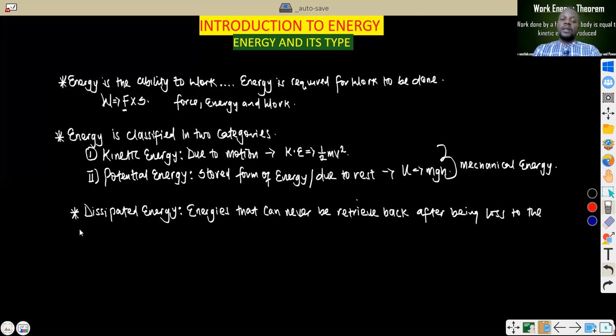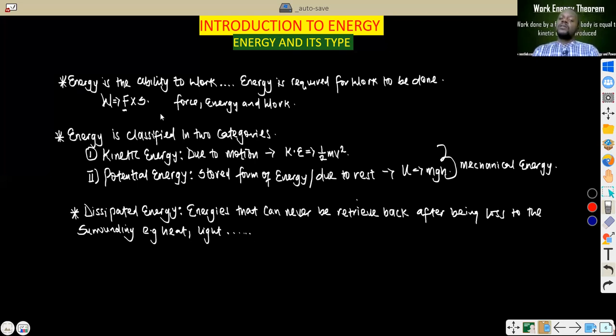So this form of energy that can never be retrieved back after it has been lost to the surrounding is called the dissipated form of energy. Examples include heat, light, and other types of energy you can think about are classified under this.